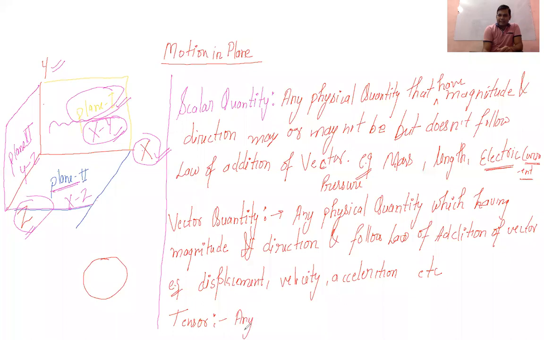One more quantity is there, that is neither scalar nor vector, that is your tensor quantity. Any physical quantity neither scalar nor vector, and the example is moment of inertia.